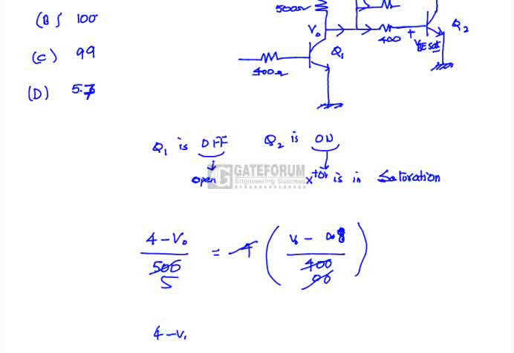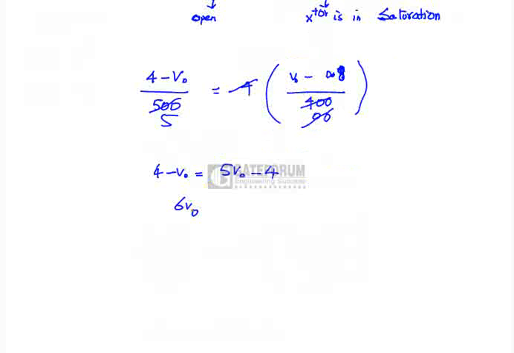So 4 minus V0 equals 5V0 minus 4. So 6V0 equals 8. From this V0 equals 8 by 6 volts.